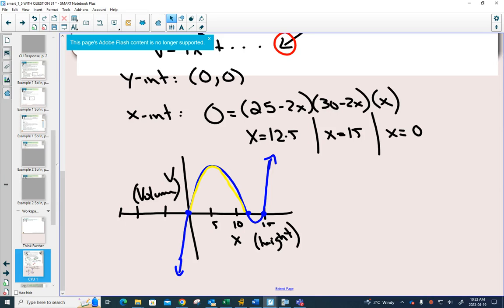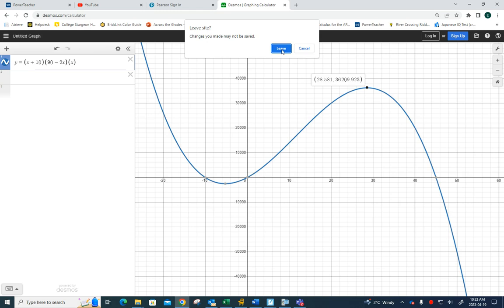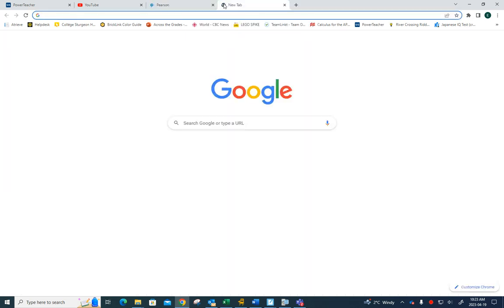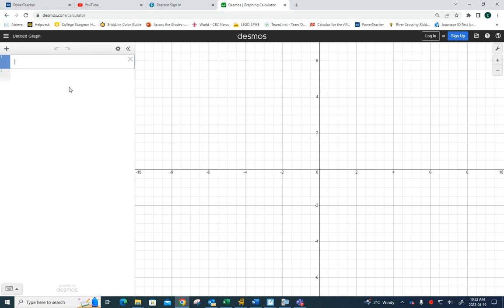I'm going to close Desmos down and start it again, just to see if we can practice working with how to work with the window to make it match up.